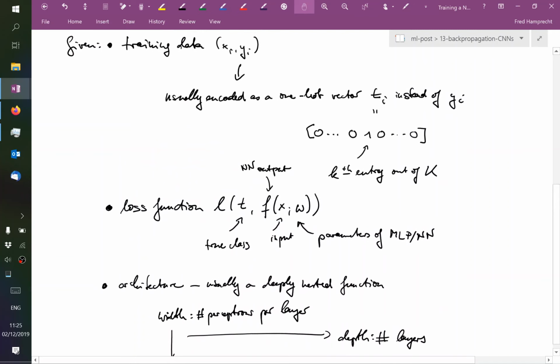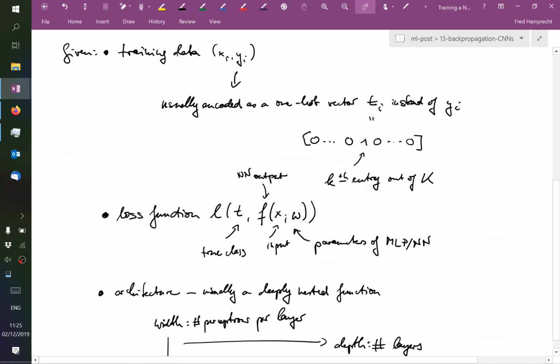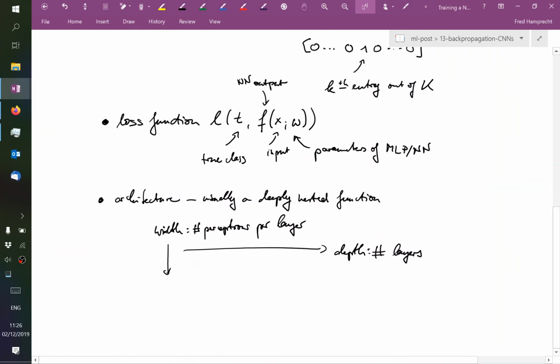At test time we simply evaluate our function, but what's wanted at train time is the parameters that will make this loss smaller. Neural network parameters that give us small loss.